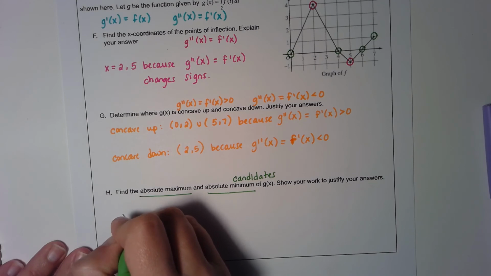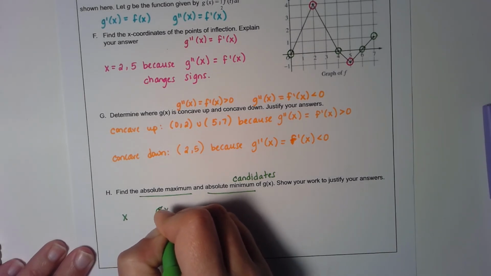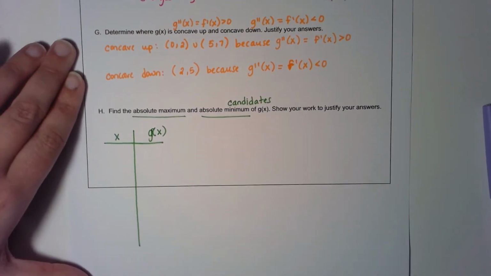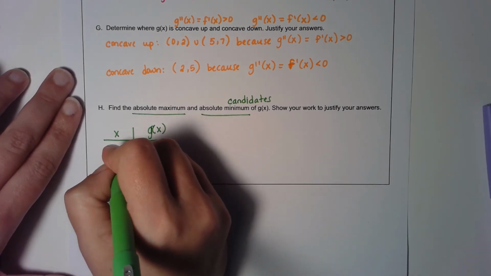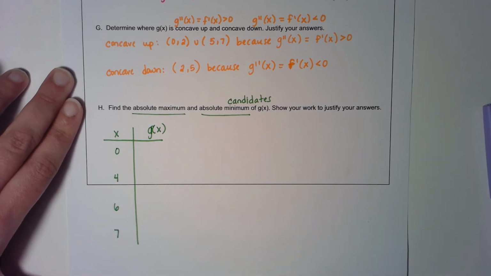So we're going to have x, and we're going to have to find values of g of x in order to determine who's really the biggest and who's really the smallest. So my critical points and endpoints would be 0, 4, 6, and 7.